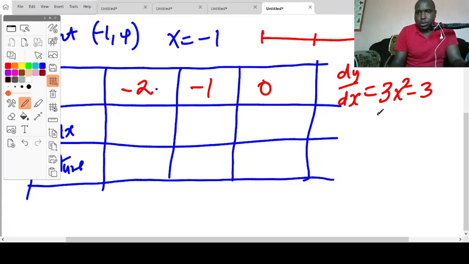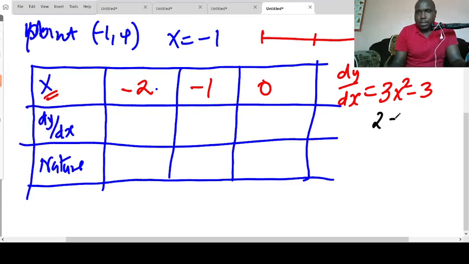So 3 times negative 2 squared minus 3. This is 4, times 3, that is 12. 12 minus 3, that's 9. So here is 9.